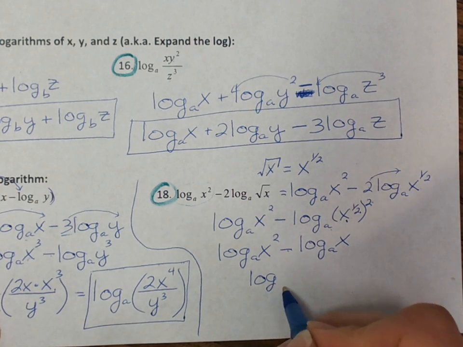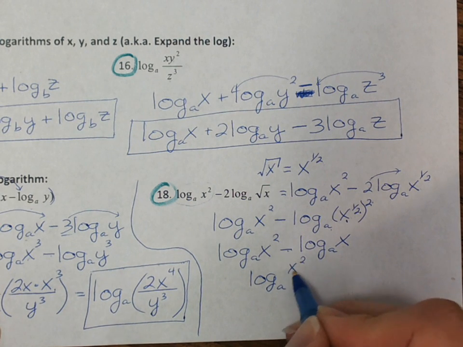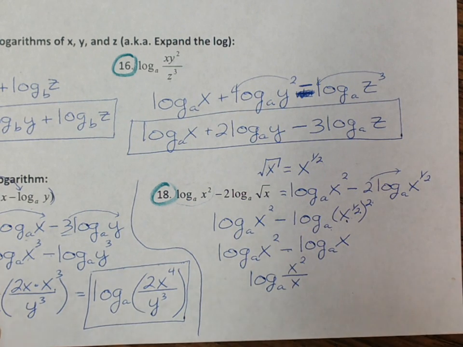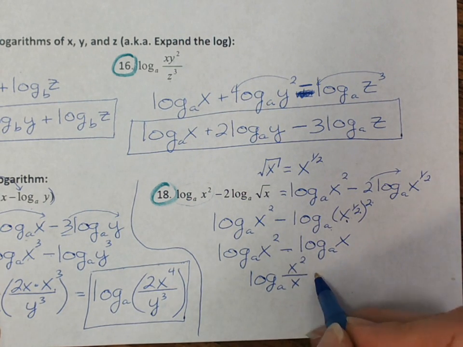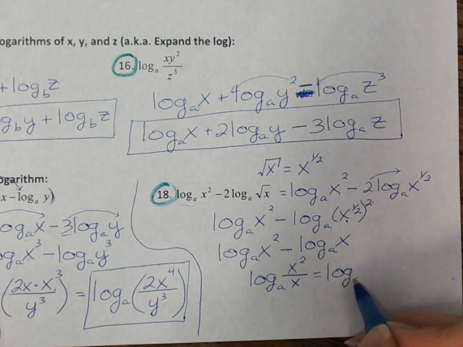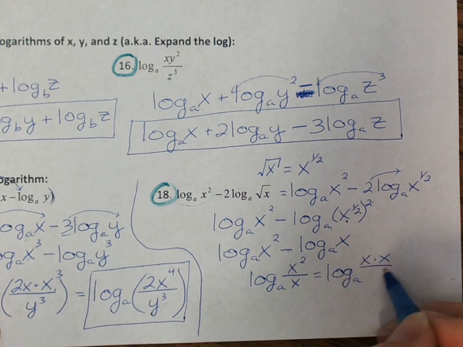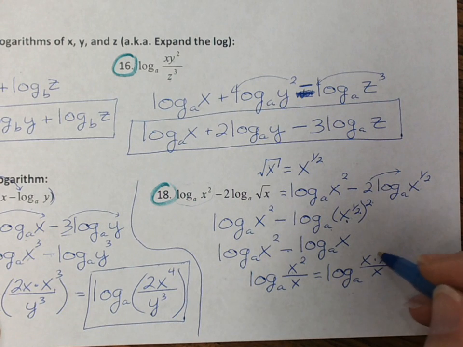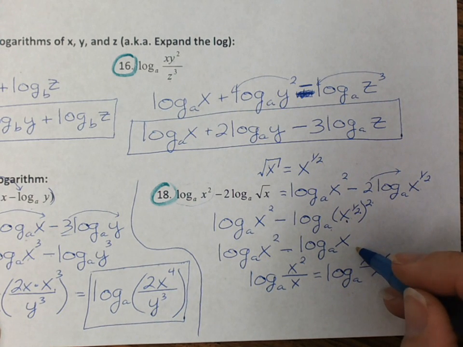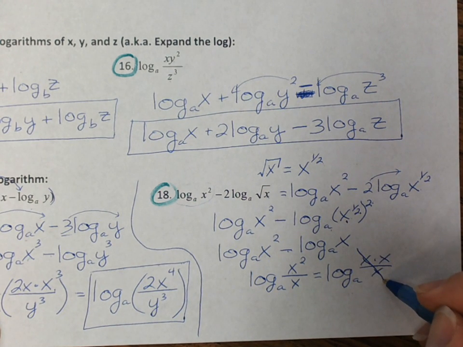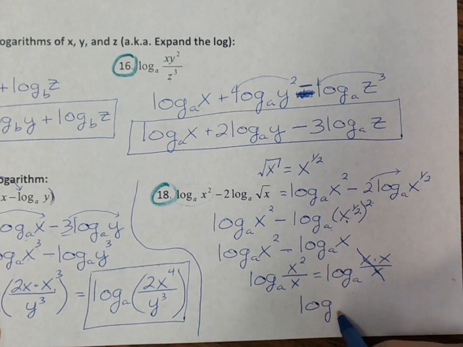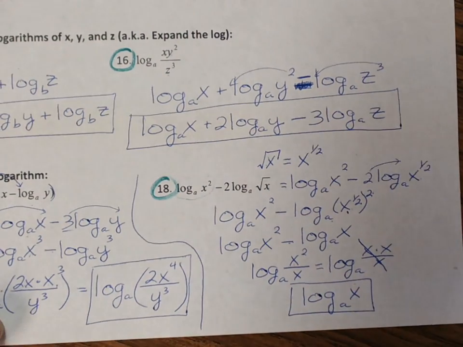So this is log base a of x squared over x. Now think about what x squared is. This is the same thing as log base a of x times x over x. So one set of the x's cancel, and I'm just left with log base a of x. So that whole thing simplified into that.